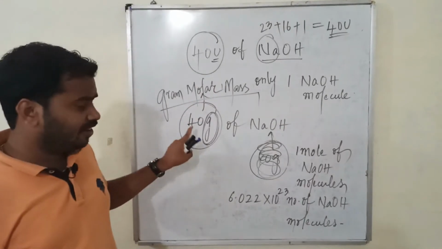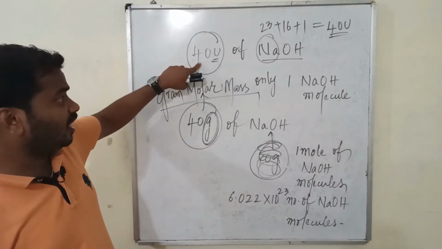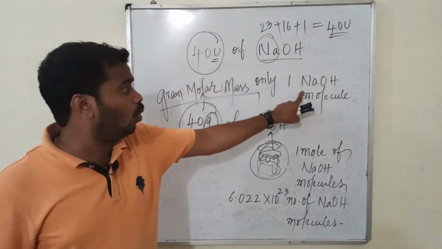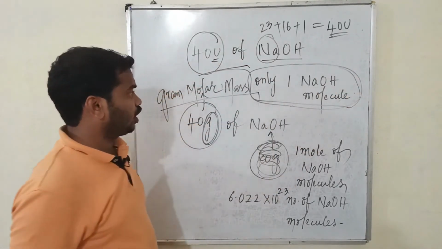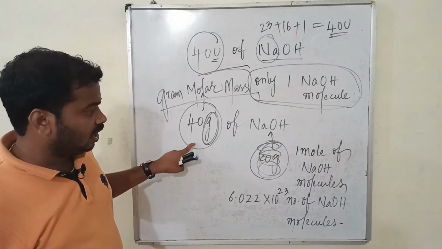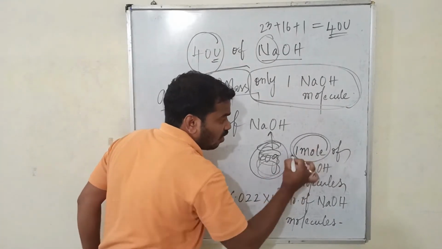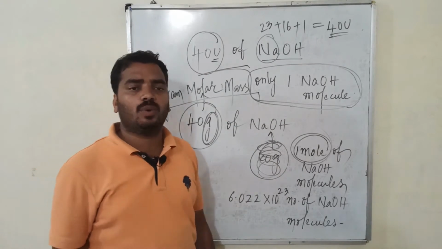That indicates, if I take 40 unified mass units, that would be only 1 NaOH molecule. If I take 40 grams, then that consists of 1 mole of NaOH molecules.